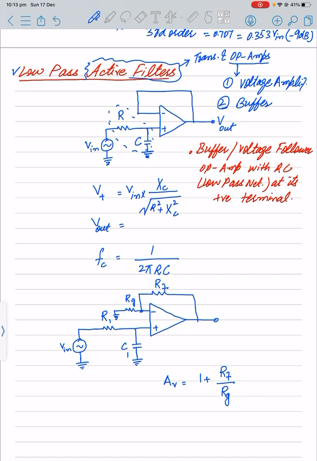So whatever is coming at the V positive terminal will also be at the negative terminal, and that is directly connected with V output. So we can say that our output voltage will be equal to the voltage being received at the non-inverting terminal, which is the same thing we have just derived, V in multiplied by XC divided by the square root of R square plus XC square.